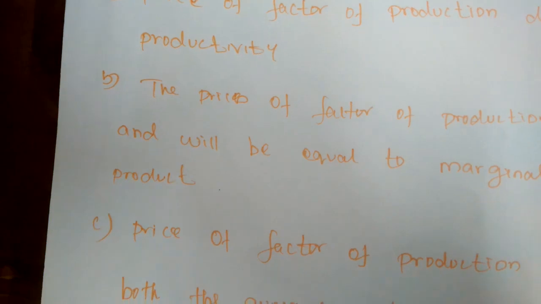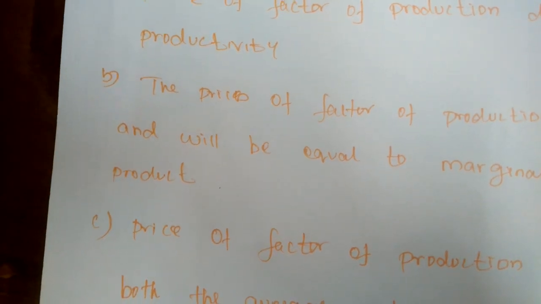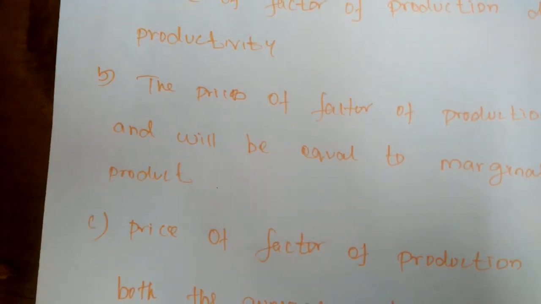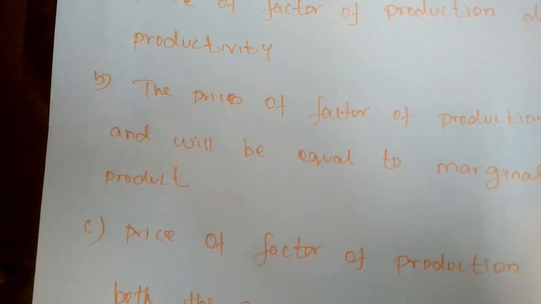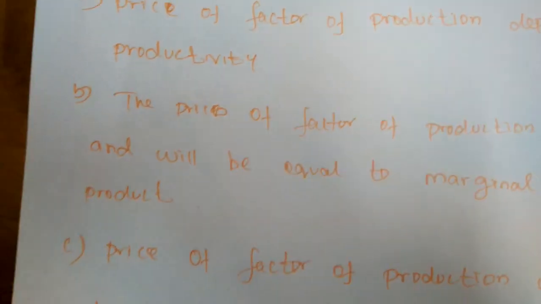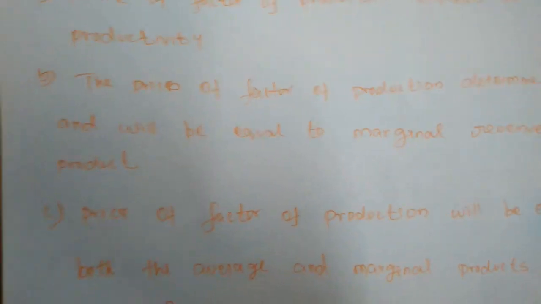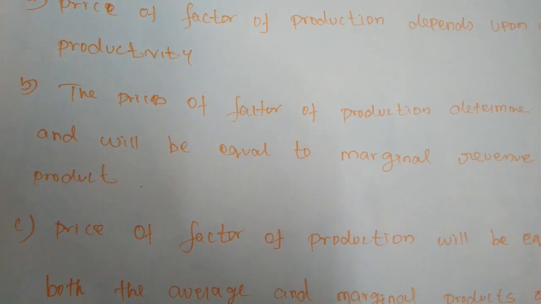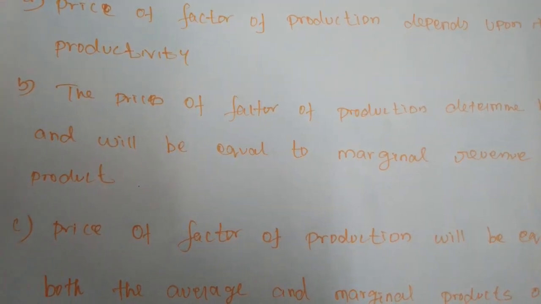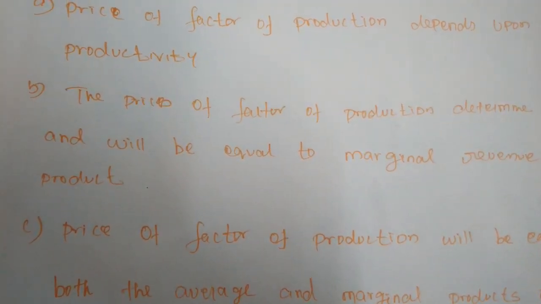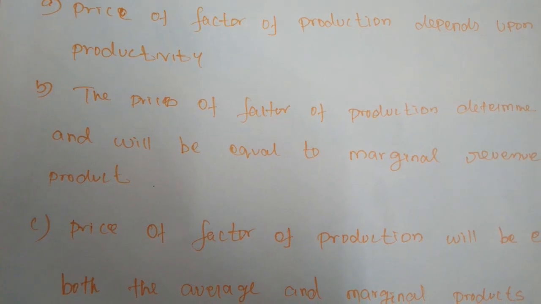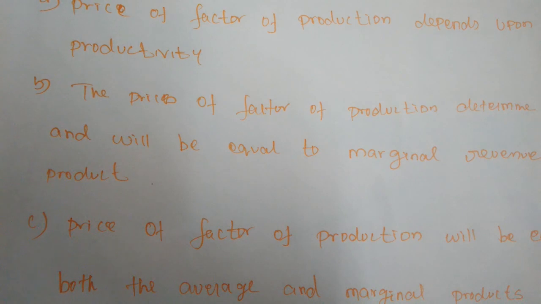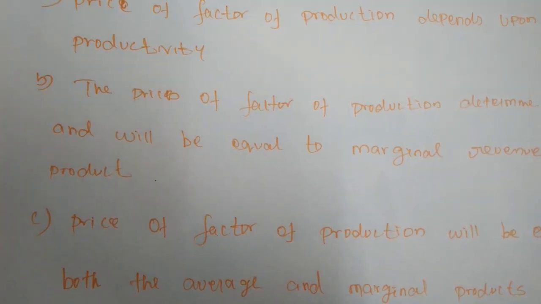If the price of a factor of production is less than its marginal revenue product, the employer will use more of this factor because his profit will be increased. Normally when we arrange 5 units of labor, the producers will get more profits.